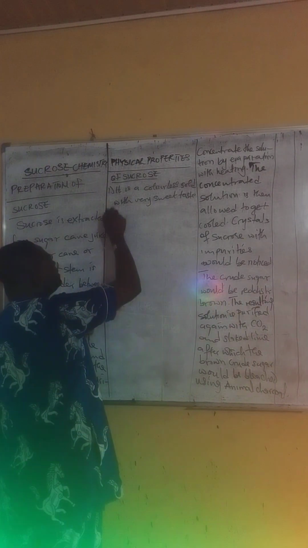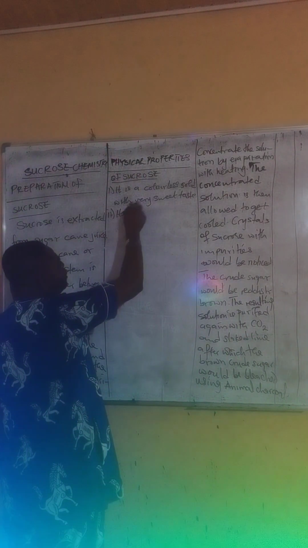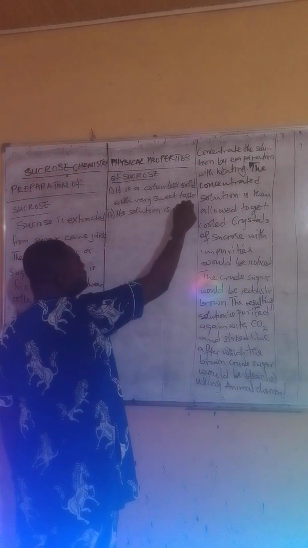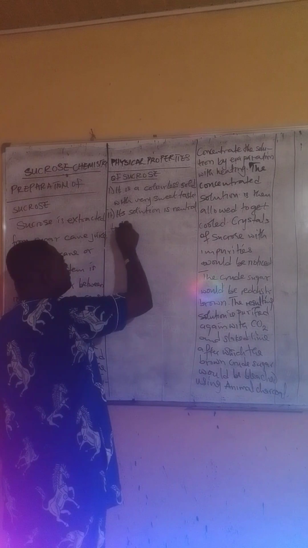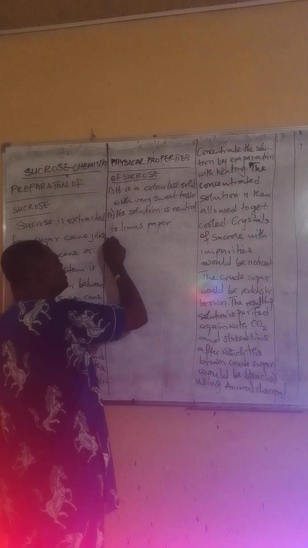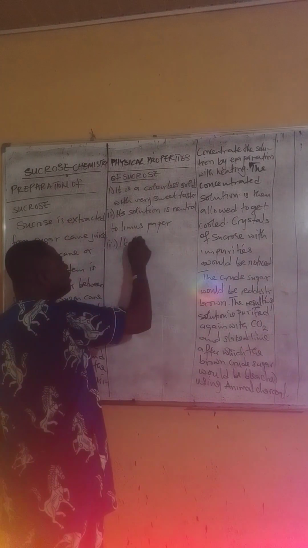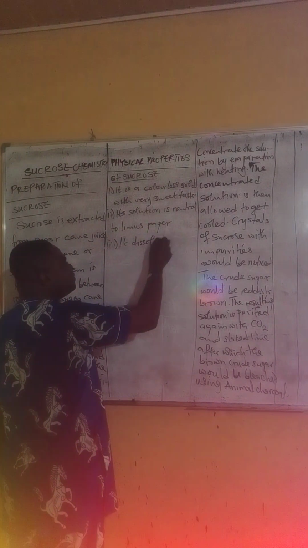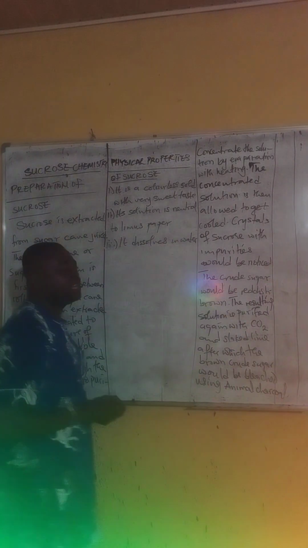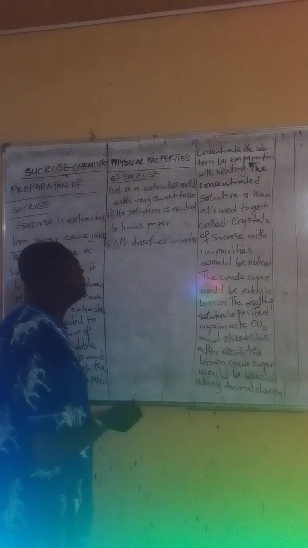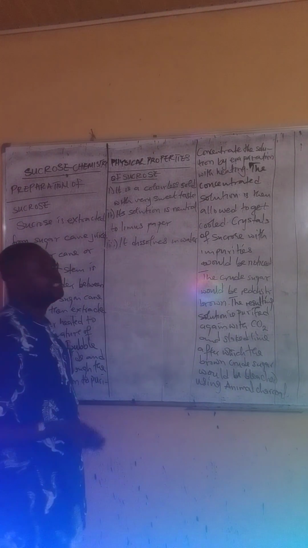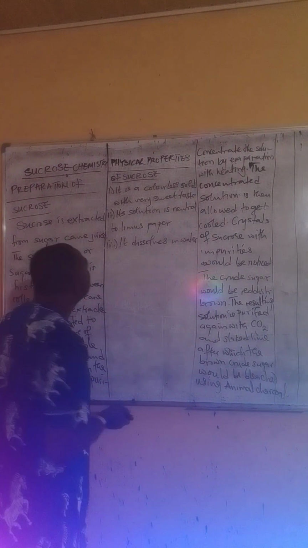Another thing is that its solution is neutral to litmus paper, showing that it is neither acidic nor alkaline. It dissolves in water. That is why it's a complex sugar. Don't forget, we said sugars are carbohydrates that have sweet taste and can dissolve in water. These are the general physical properties of sucrose.